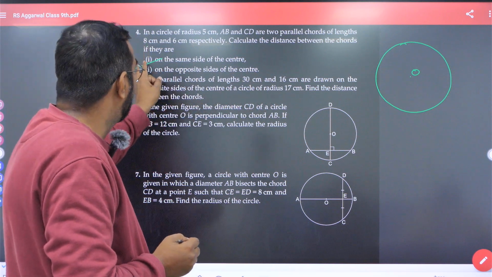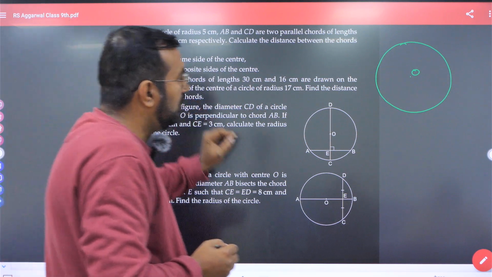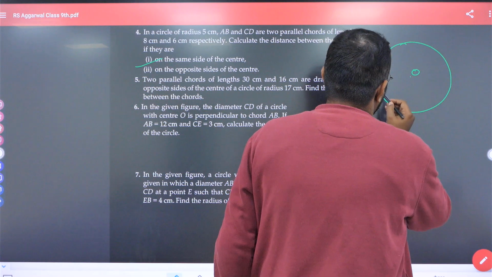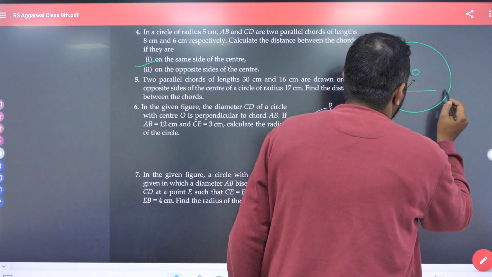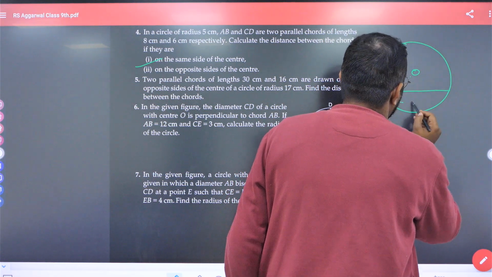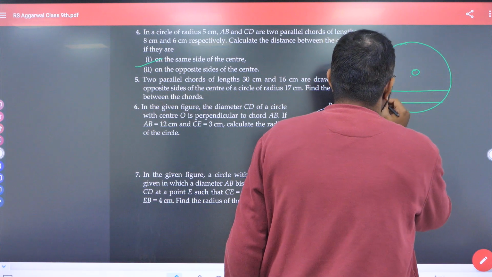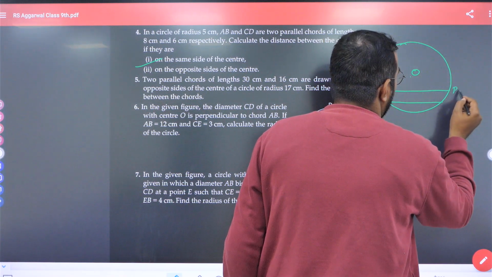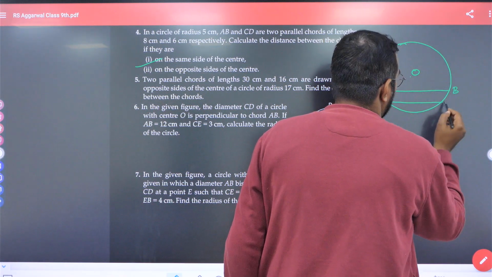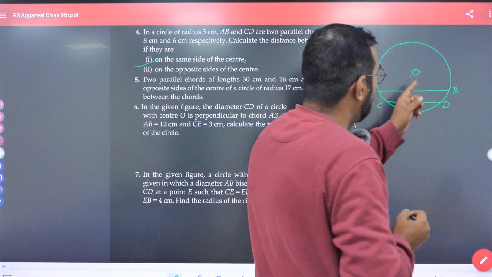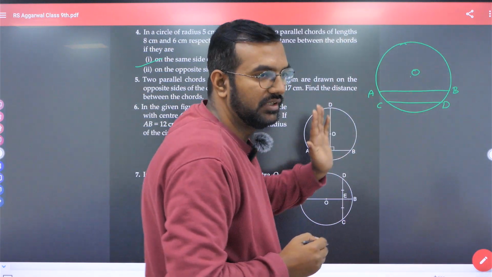So we are solving for the first one. The chords are on the same side of the center. So these are the two chords, okay, AB and CD. You can see they are on the same side of the center.